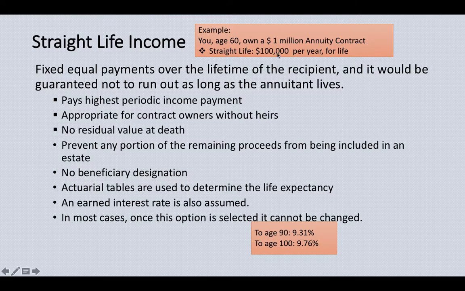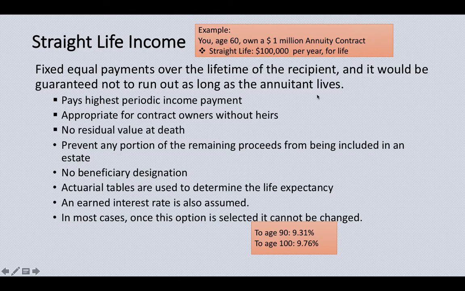You can see if you have $1 million and take $100,000 per year, in 10 years you already get the $1 million back. Everything beyond that is your gain. Live to 90, your annual return is 9.31%. Live to 100, your annual return is 9.76%.